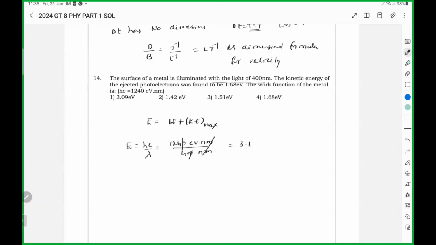So it is 3.1 electron volts. Kinetic energy maximum is given. This is 3.1, kinetic energy is 1.68. Work function is 3.1 minus 1.68, so here it is 1.42 electron volts.